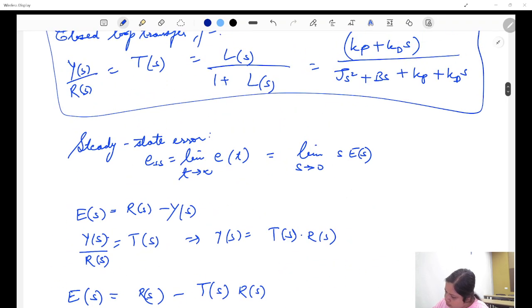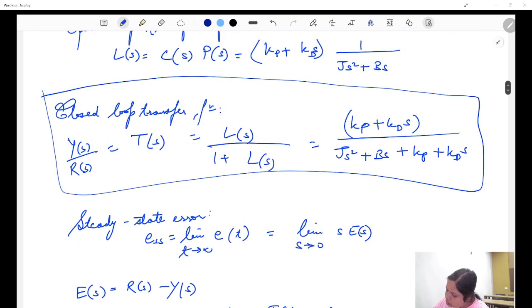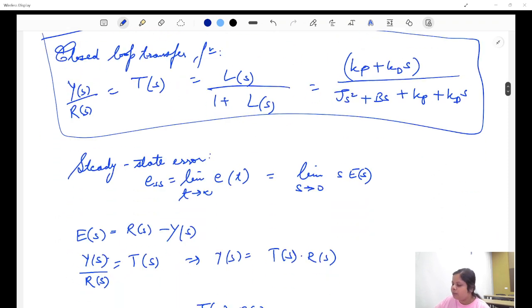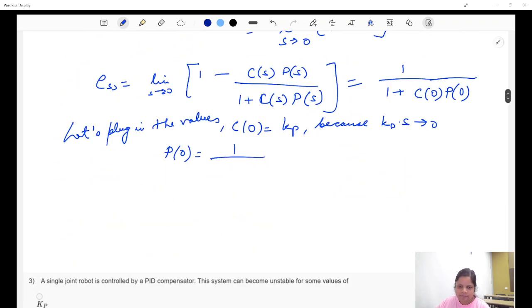What was your P? P was 1 upon JS square plus BS. So J into 0 plus B into 0 would take you to infinity.